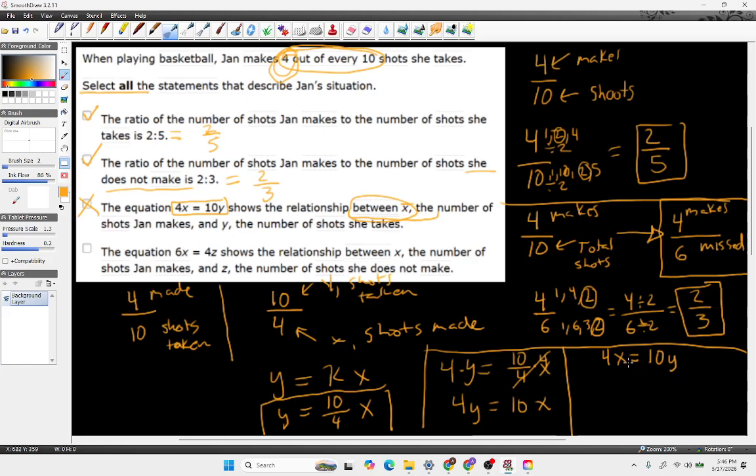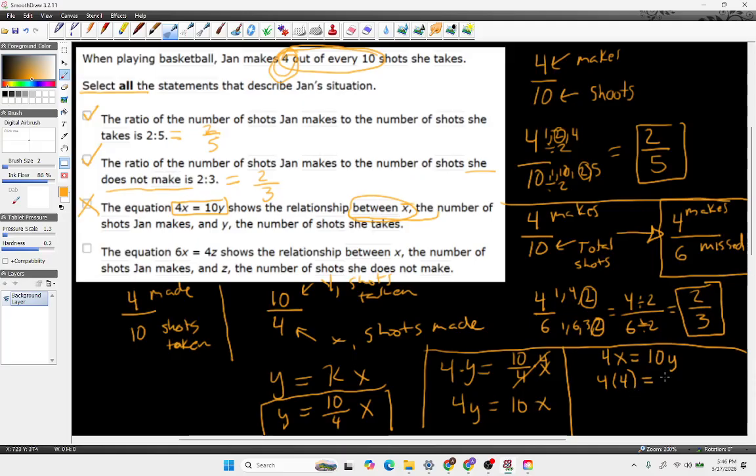All right, so we'll use a pair to evaluate whether this is true. 4 for the shots made, and we plug that in for x. Notice how I'm substituting in the value. It's replacing the x. The x is a placeholder for a specific number of shots that she makes.